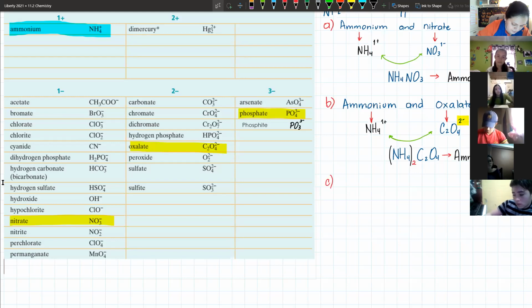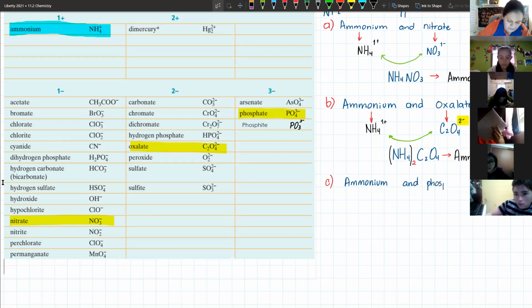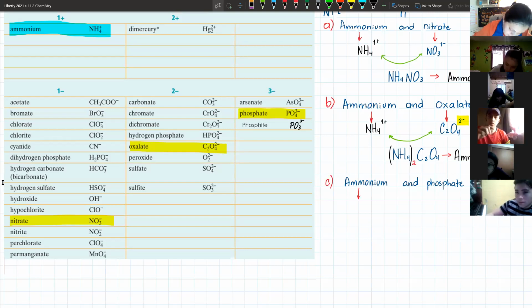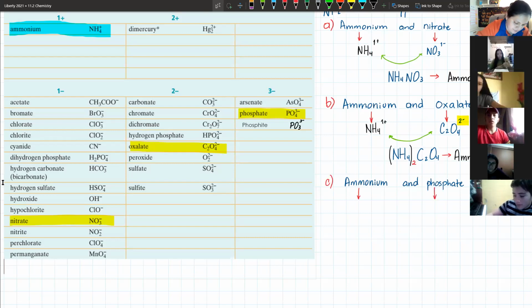The other example, ammonium and phosphate. What is the formula for ammonium and the formula for phosphate?